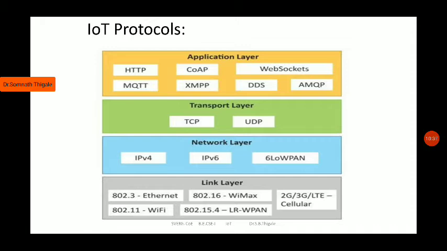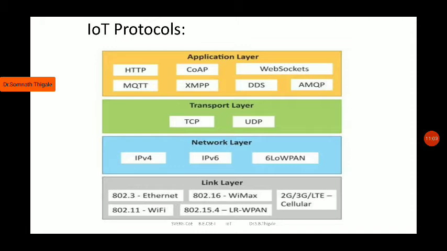So if we see the difference between Wi-Fi and WiMAX, the major differences are these. A Wi-Fi connection can transmit up to 54 Mbps, whereas WiMAX can transmit up to 70 Mbps. Wi-Fi has a very limited range, around 100 meters. WiMAX has a range of 50 to 90 kilometers.